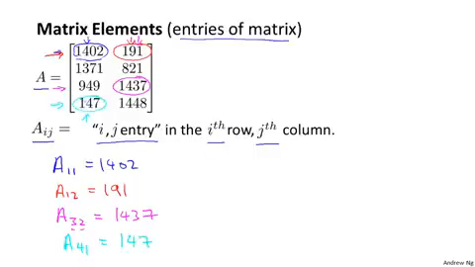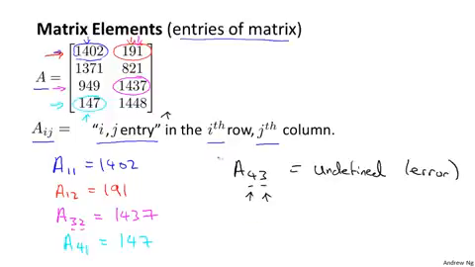Hopefully you won't, but if you were to write, say, A43, that refers to the fourth row and the third column, but this matrix has no third column, so this is undefined. You can think of this as an error. There's no such element as A43, so we shouldn't be referring to it. So the matrix gives you a way to quickly organize, index, and access lots of data.